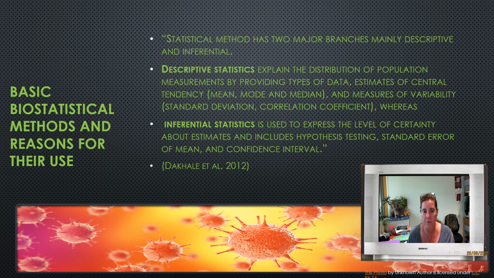That's our descriptive statistics, which explains the distribution of population measurements by providing types of data, the estimates of central tendency, and measurements of variability, whereas our inferential statistics, the second branch, is used to express the level of certainty about estimates and includes hypothesis testing, standard error of mean, and confidence interval.